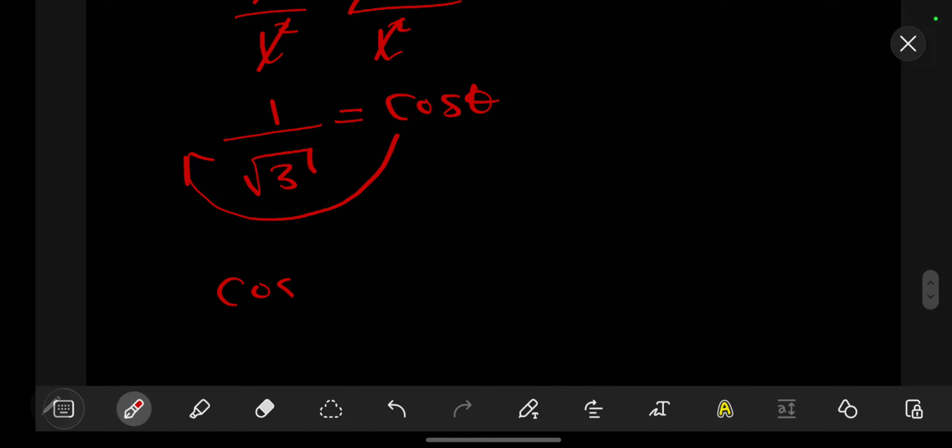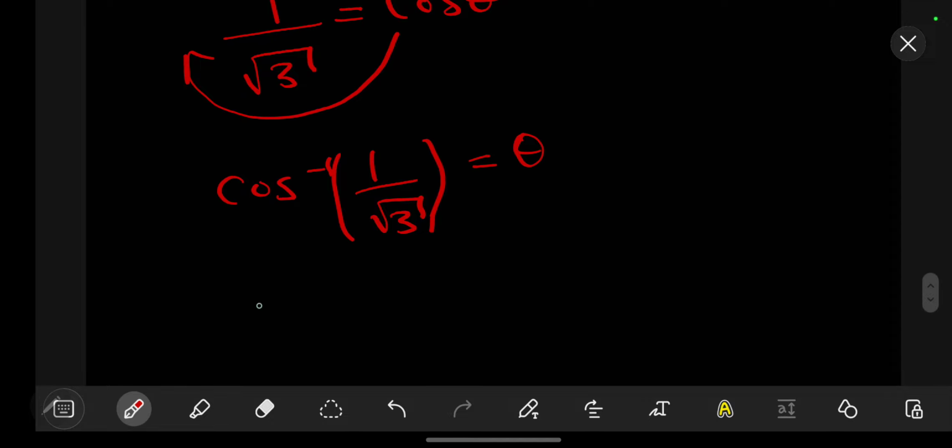So it will be cos inverse of 1 over the square root of 3, which should be equal to theta. So after doing that, our theta is equal to 54.74 degrees.